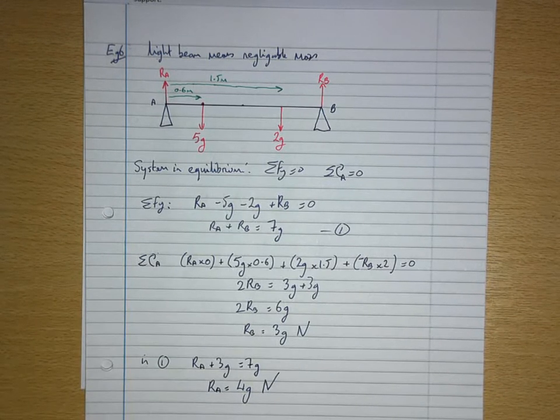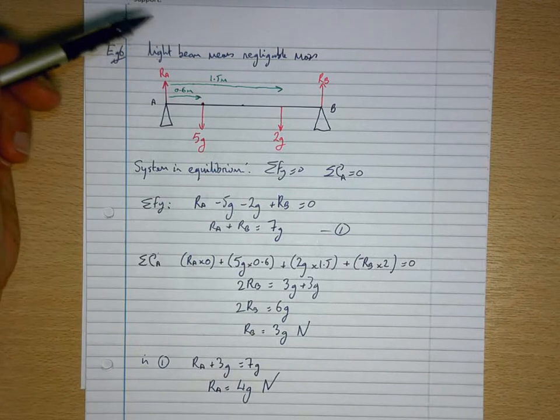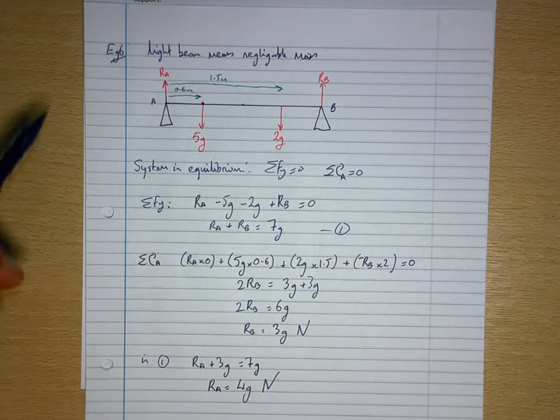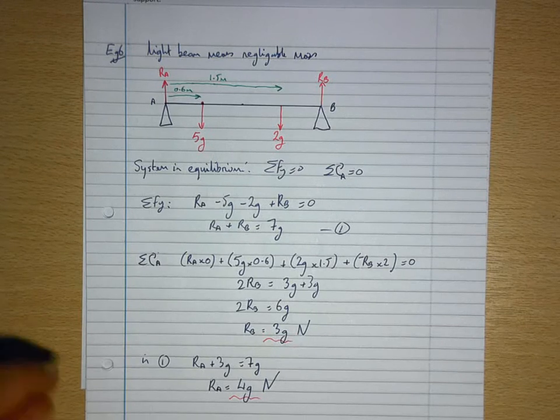If you just leave them in terms of g, you haven't got to worry about rounding them, because you aren't calculating the actual values. So find the reaction at each support: 3g newtons, 4g newtons, job done. If you did multiply by 9.8, then you would make sure that you give your answer to two significant figures.